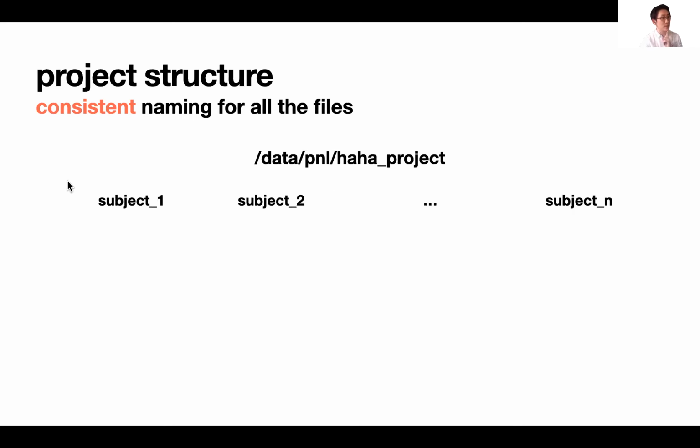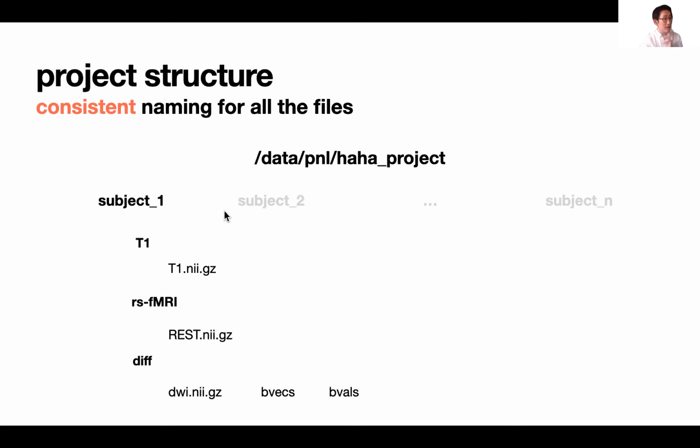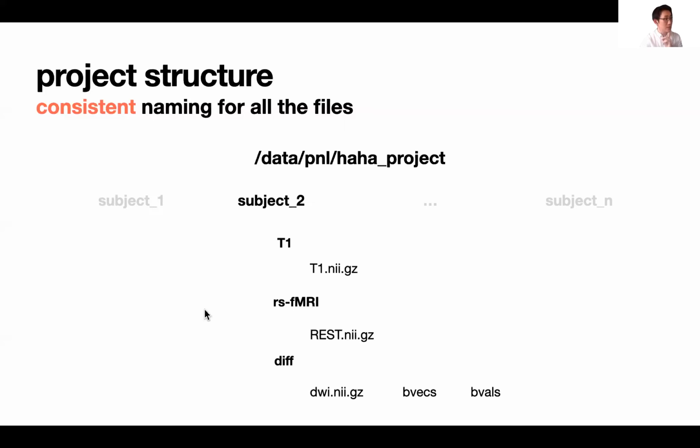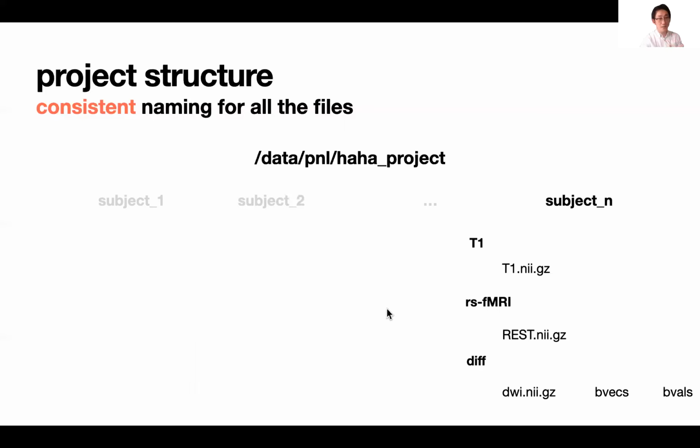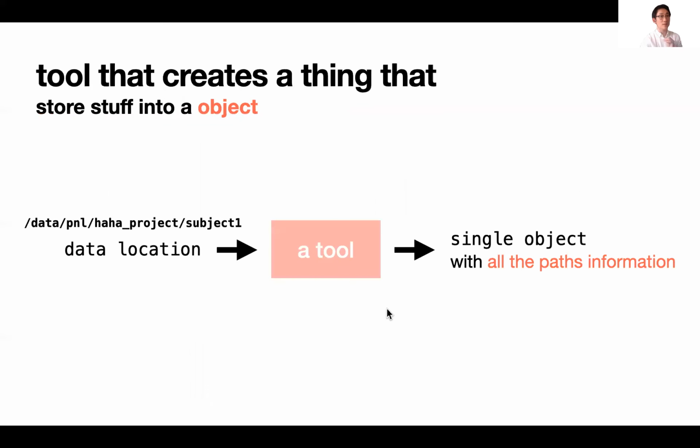Then we have subject directories under that, and each subject has a consistent structure. T1 nifty in that, RS-fMRI and REST file in that, and all the diffusion files in the diff subtree. And same for the second subject, and so on. They are very similar for all the subjects.